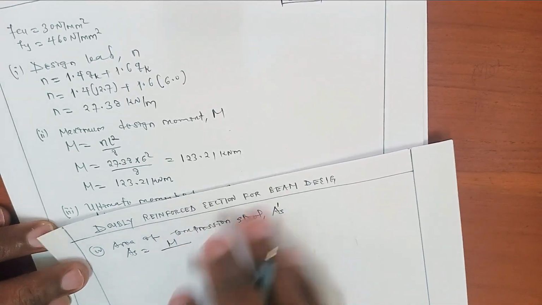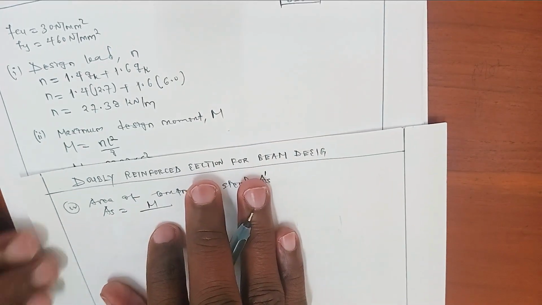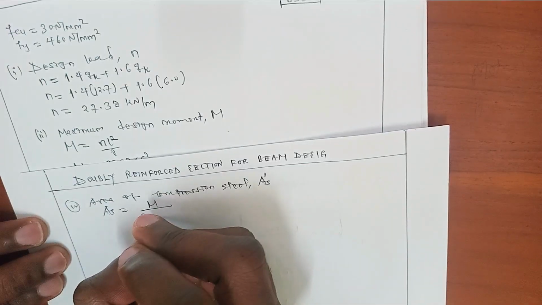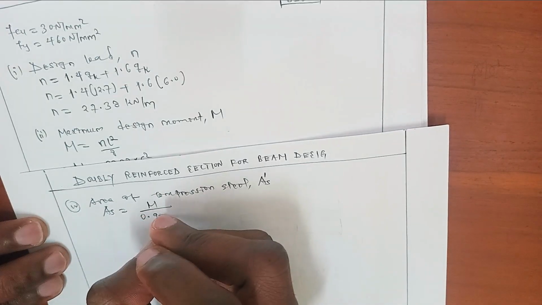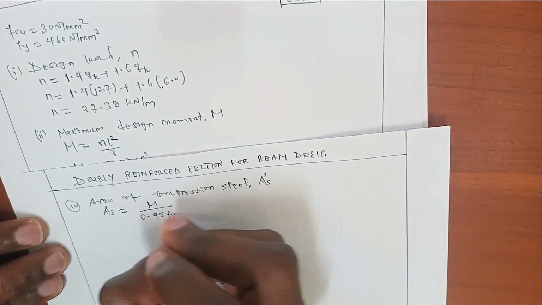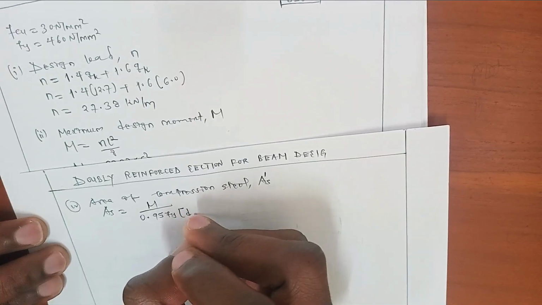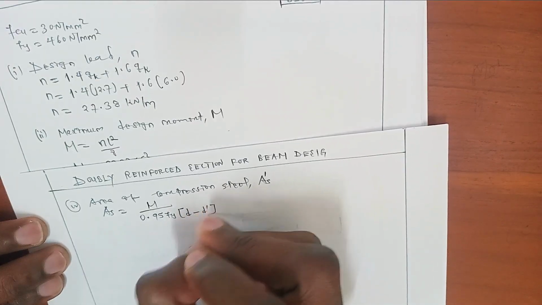Maximum design moment over 0.95 Fy times effective depth minus effective depth of compression.